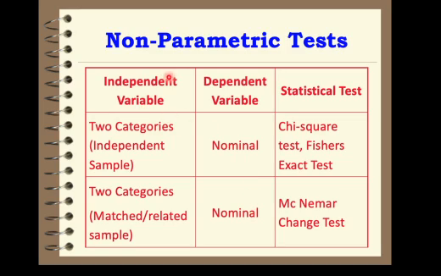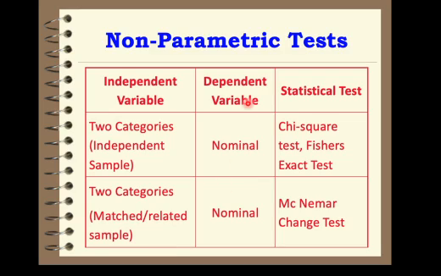We have here in the first column the independent variable, in the second column the dependent variable, and then the statistical test in the last column. And I would like to emphasize to you that in non-parametric tests, all independent variables are qualitative, and what varies are the dependent variables.